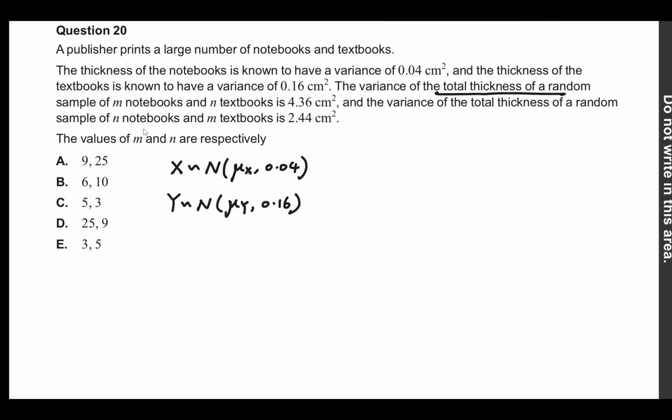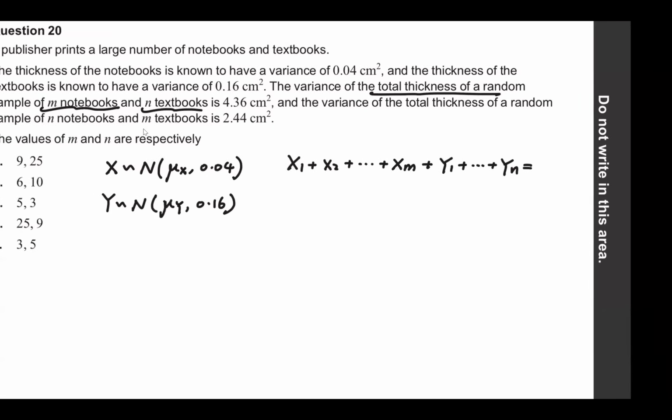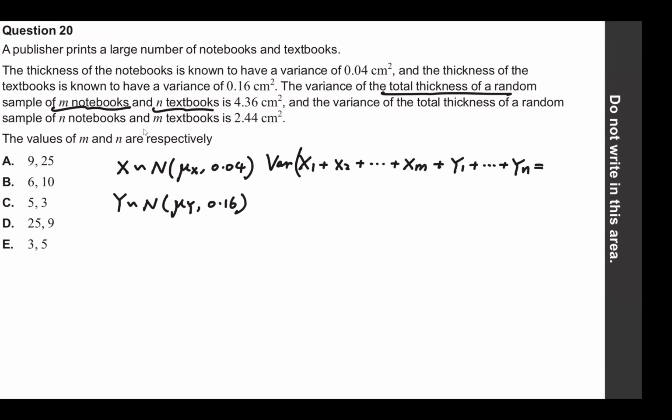So total thickness of random sample of M notebooks. So X1 plus X2 plus ... plus XM. And N textbooks plus Y1 plus ... plus YN. The combined variance is 4.36.